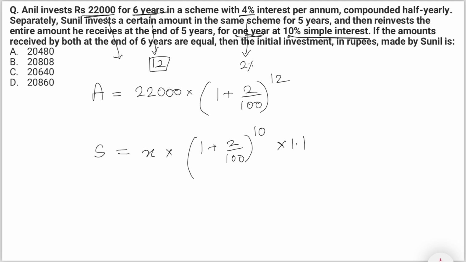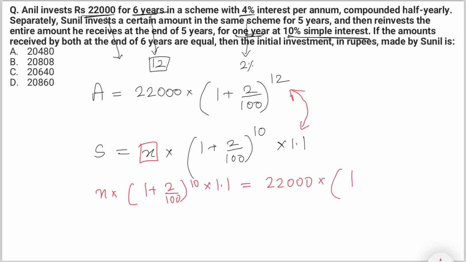And now as per the question, these two amounts are the same. So let's equate the two. We'll get the value of X that is required here. We'll write X into 1 plus 2 by 100 raised to 10 into 1.1 is equal to 22,000 into 1 plus 2 by 100 raised to 12.